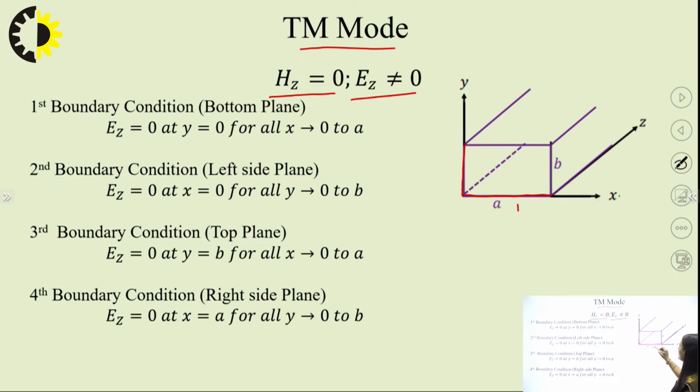Third boundary, Ez is 0 at y equal to b, and x varies from 0 to a. Fourth boundary, Ez is 0 at x equal to a and y varies from 0 to b. So all these 4 boundary conditions we will use to find out TM waves.